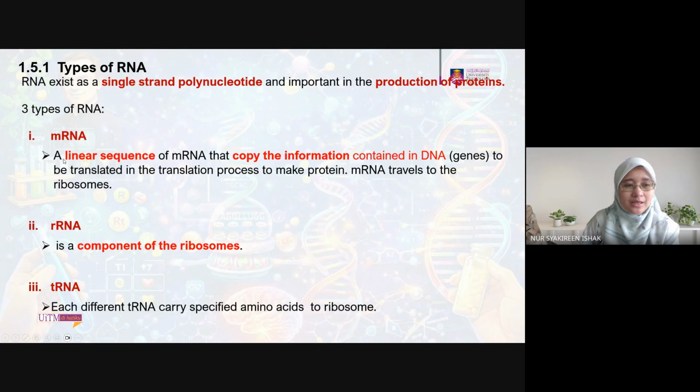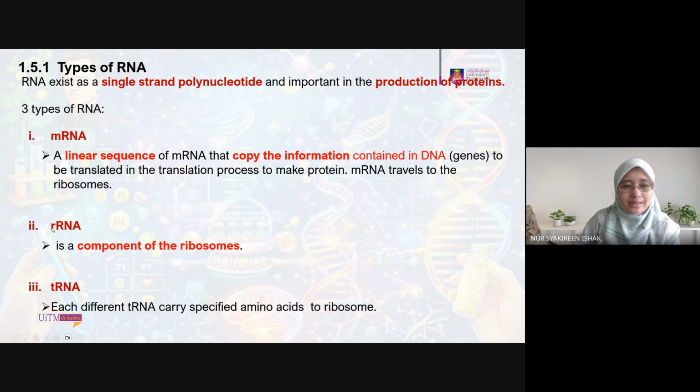Messenger RNA is a linear sequence that copies the information contained in the DNA, which is a gene, a specific segment on the DNA that codes for the synthesis of a certain protein, to be translated in the translation process to make protein. Okay, mRNA travels to the ribosome in the cytoplasm. You can add here, in the cytoplasm, for the synthesis of protein that occurs in the cytoplasm.